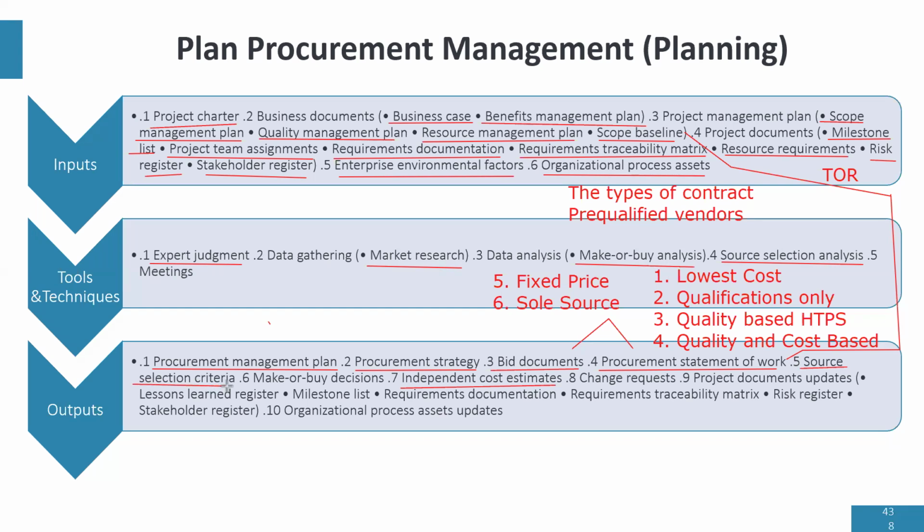This is the selection under quality-based highest technical proposal score, where you come up with criteria to score the vendors. So there must be a scoring system based on different criteria. In terms of number of years of experience, that's one criteria, score them.